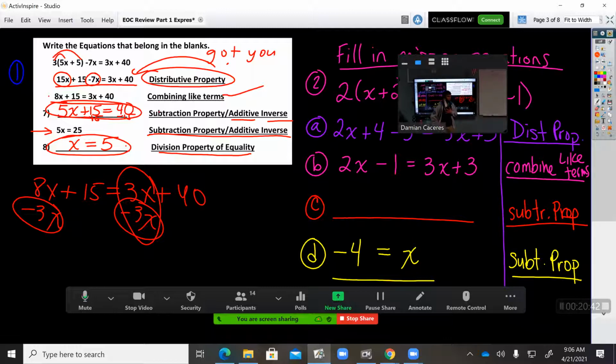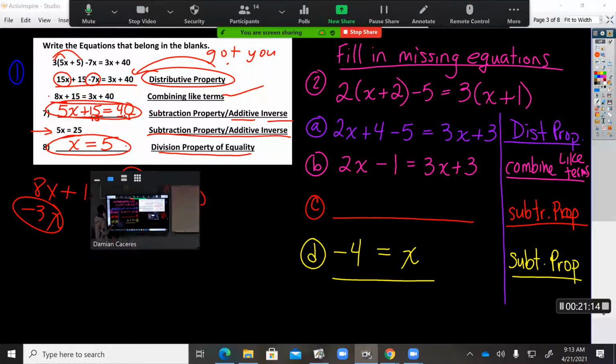Now, my recommendation, always search for a parentheses because on a large percentage of the problems, there is going to be a parentheses on the first step, especially on multi-step equations. On easier ones, no. But anything that's multi-step is going to have a parentheses in it. And that's usually one of the first two steps you do, distribute. So go ahead and try number 2. Good question. Go ahead and try number 2 on your own.